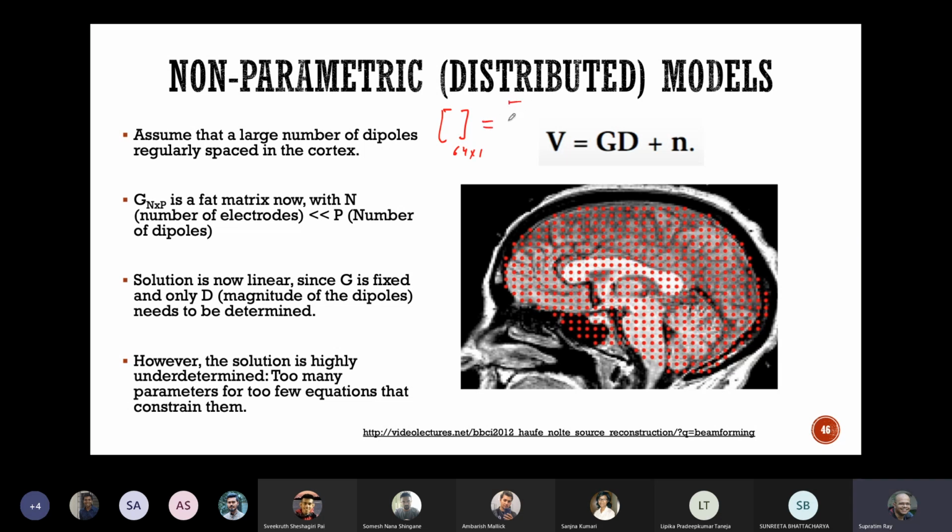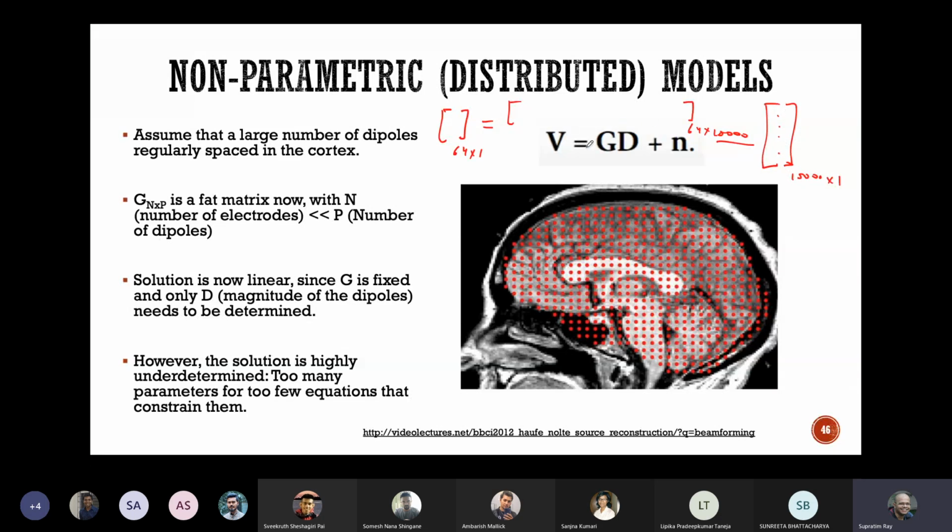And G is a very fat matrix now. Let's say 10,000 columns. It could be any number. You decide how many dipoles you want. And then D is a tall matrix. It's going to be 10,000 cross 1.